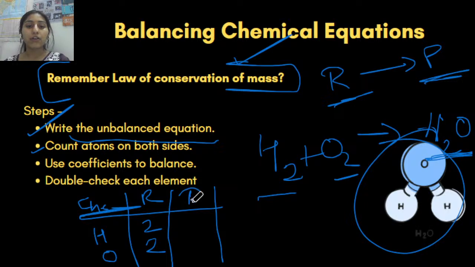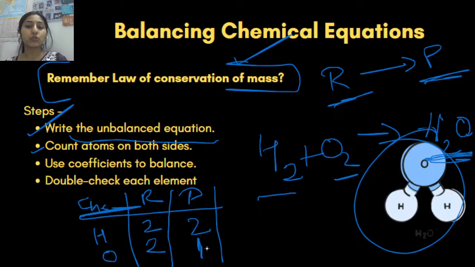The number of atoms of hydrogen on the product side is 2, and the number of atoms of oxygen on the product side is 1.